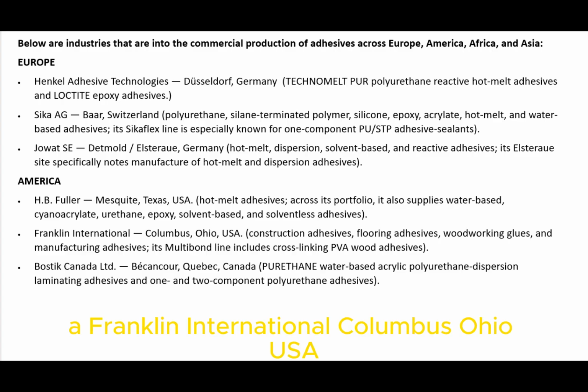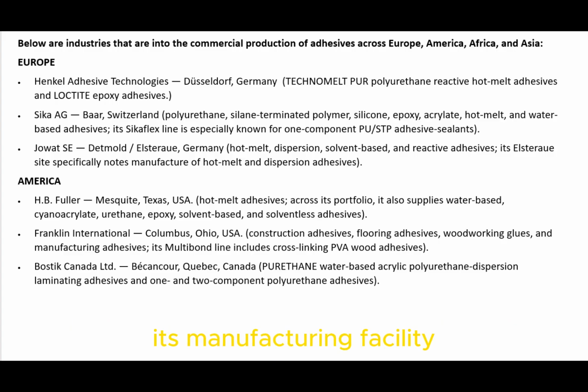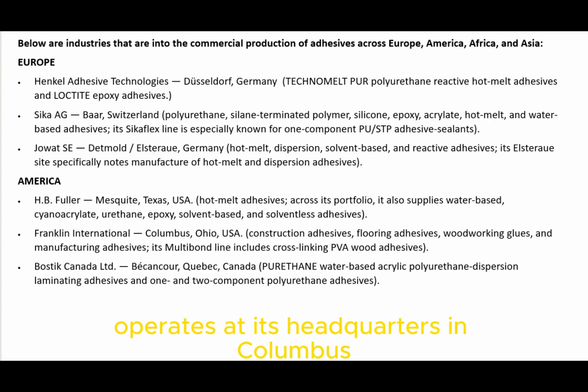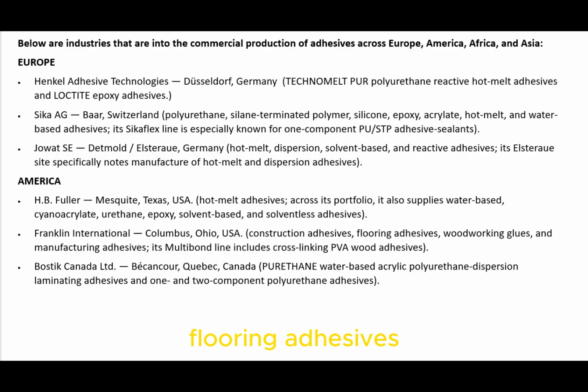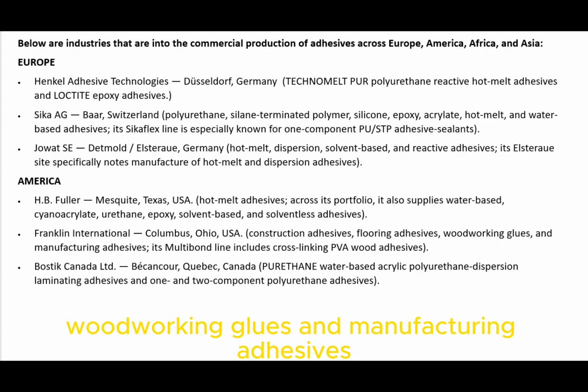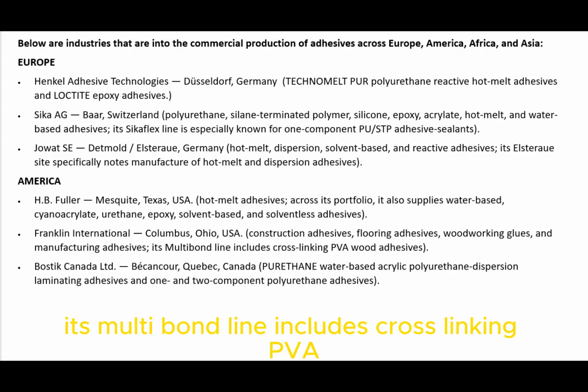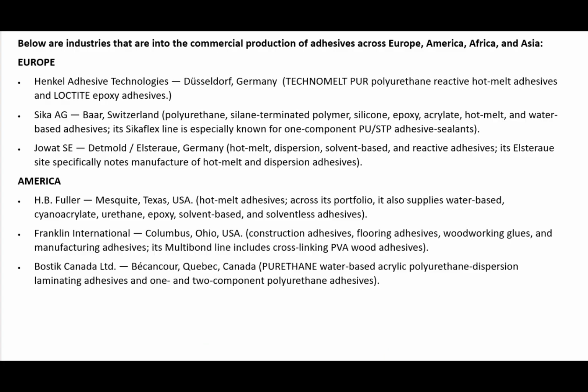Franklin International, Columbus, Ohio, USA. Franklin says its manufacturing facility operates at its headquarters in Columbus, and its businesses include construction adhesives, flooring adhesives, woodworking glues, and manufacturing adhesives. Its Multi-Bond line includes cross-linking PVA wood adhesives.